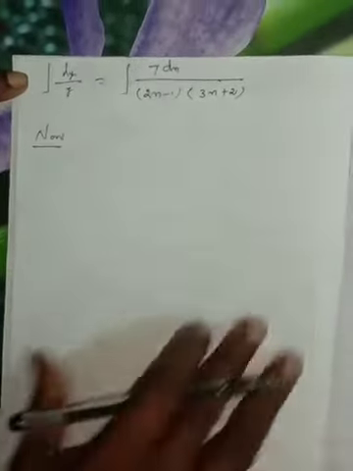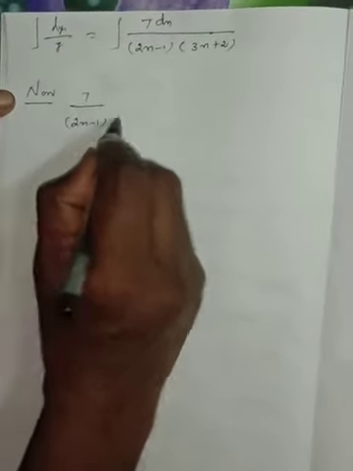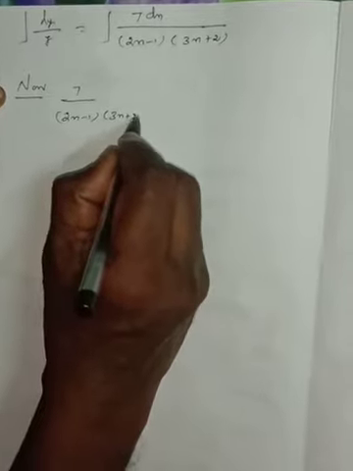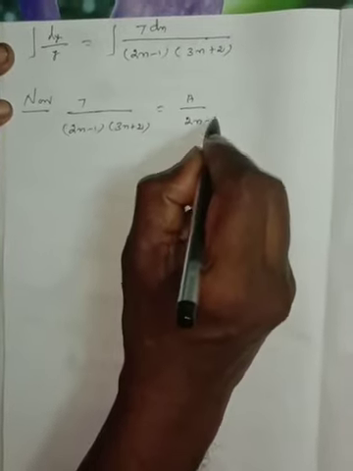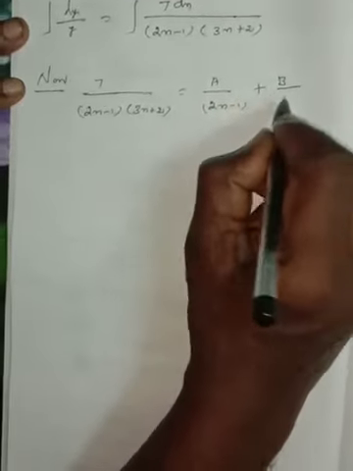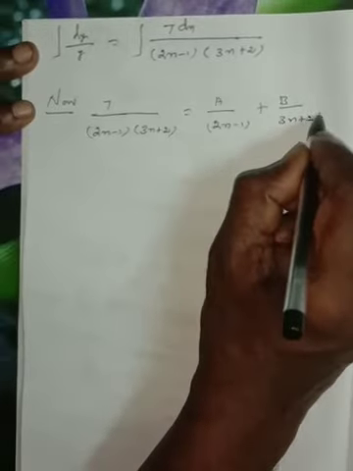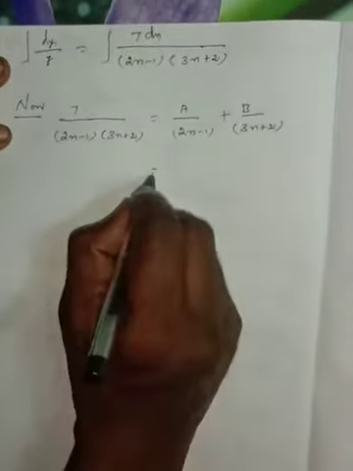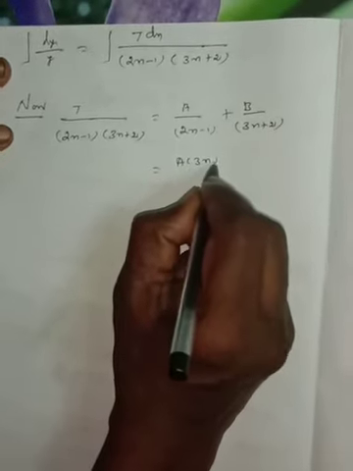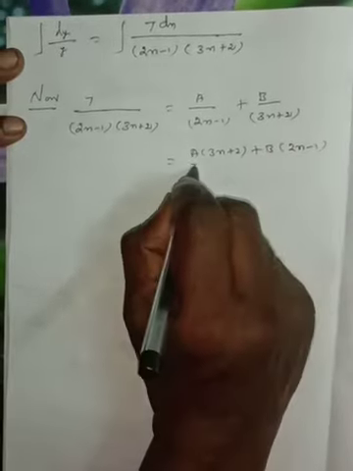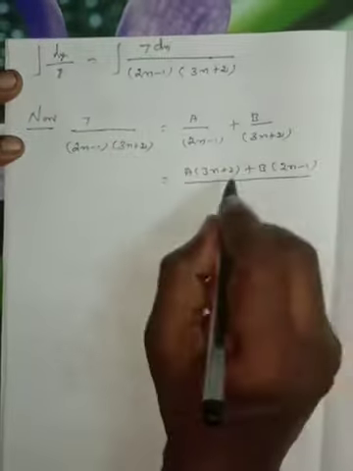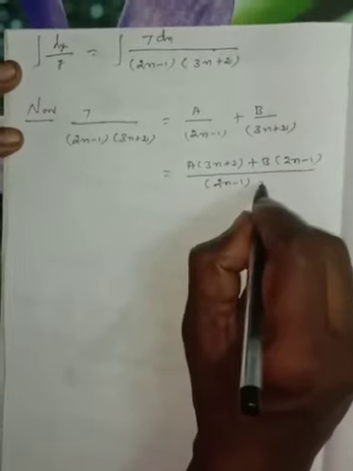Now, 7 divided by (2x minus 1) into (3x plus 2) is equal to a by (2x minus 1) plus b by (3x plus 2). Cross multiplying, we have a into (3x plus 2) plus b into (2x minus 1), whole divided by (2x minus 1)(3x plus 2).